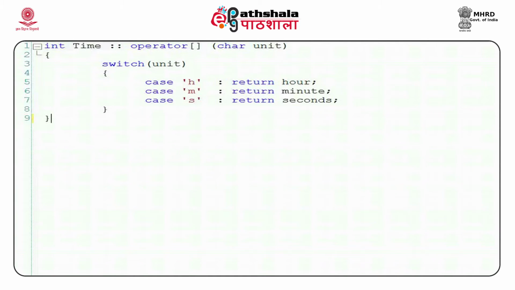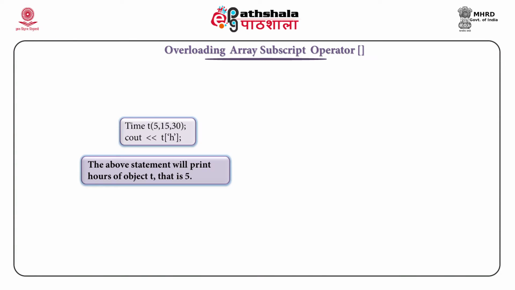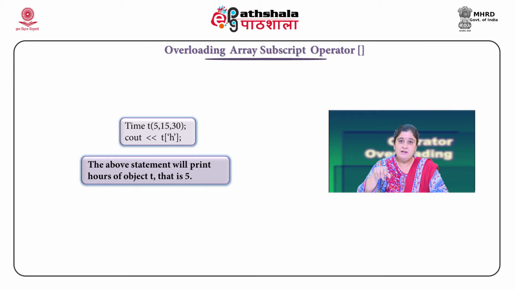Let us have a look how to use this particular function. Let us say if you have a time object defined as T1, we can call this particular function as cout T1 within the subscript, character s.